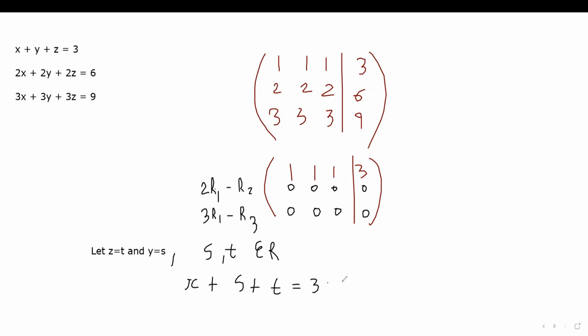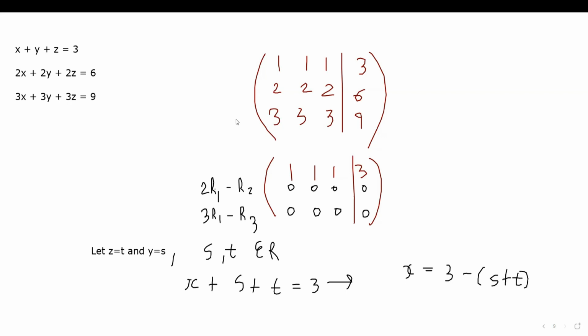That implies that, whatever we choose for s and t, x is just going to be equal to 3 minus in brackets s plus t. That's your general solution: 3 minus s plus t.